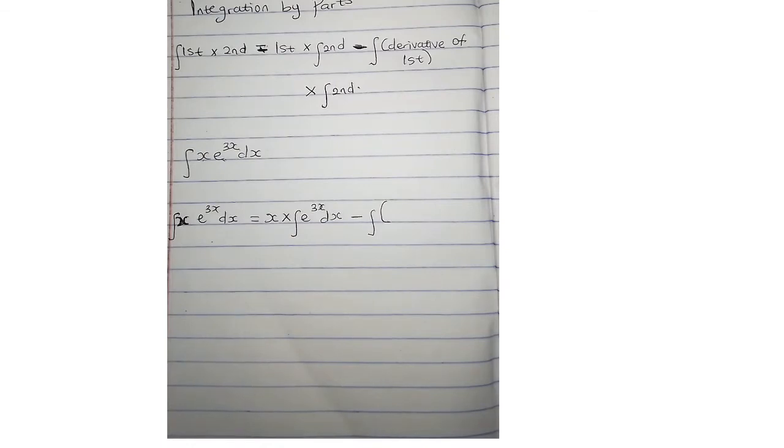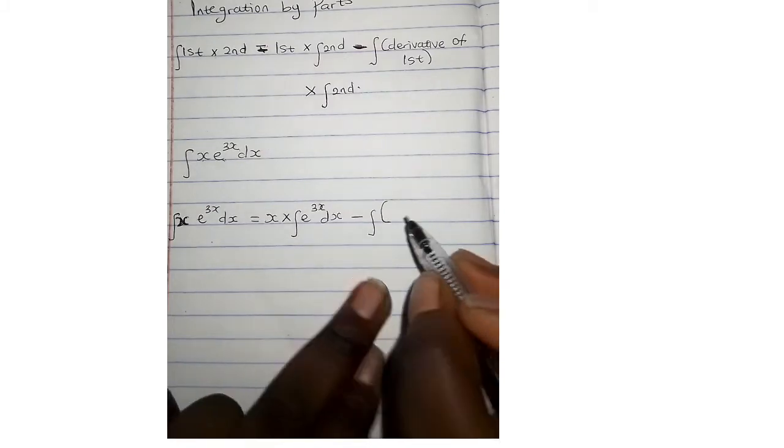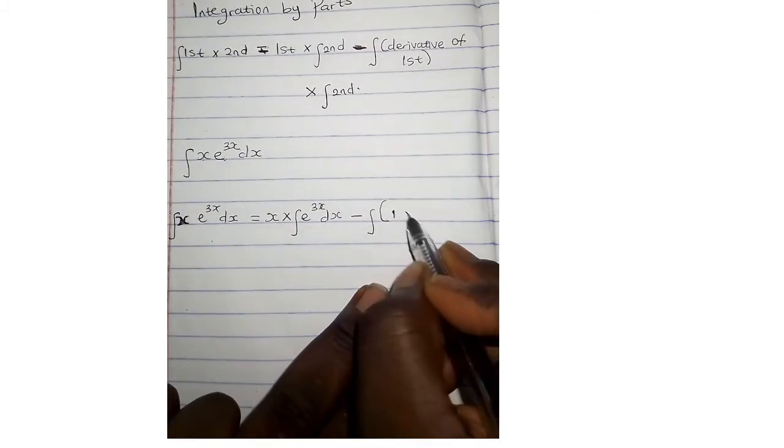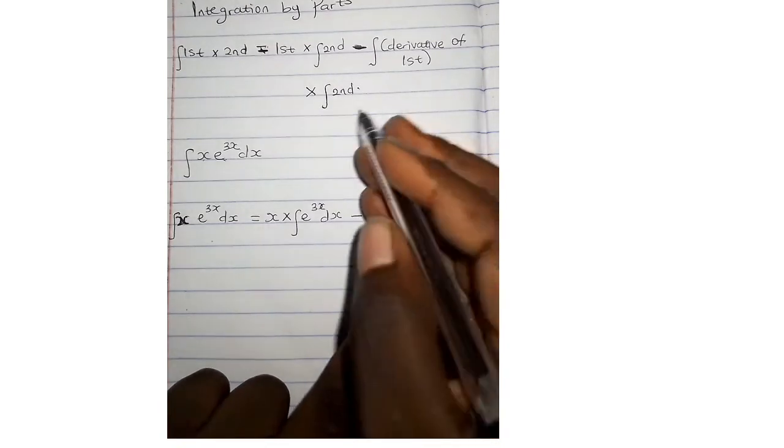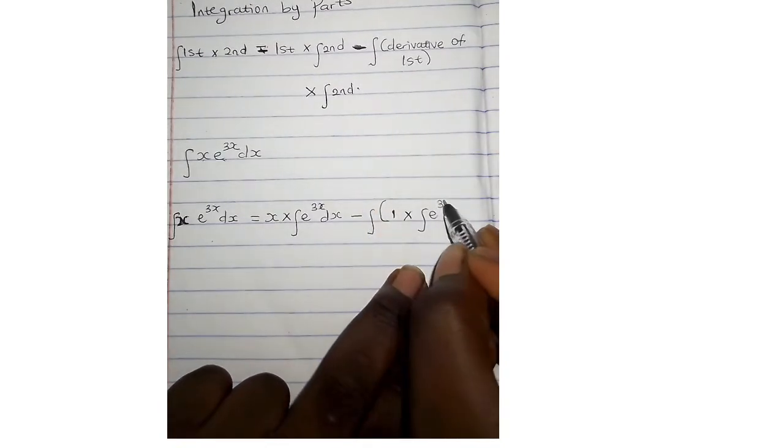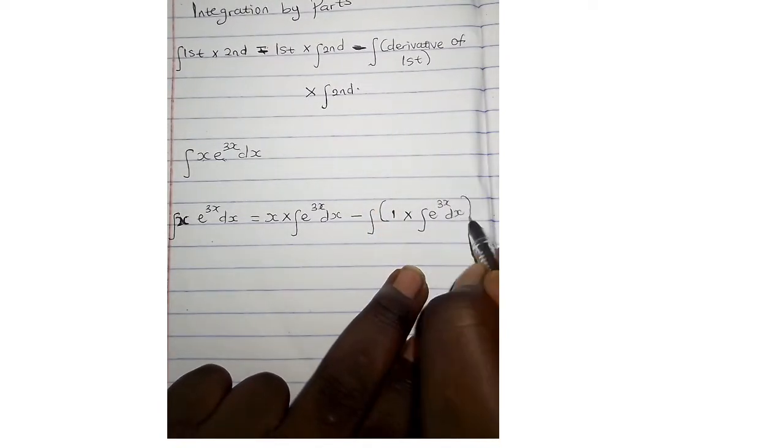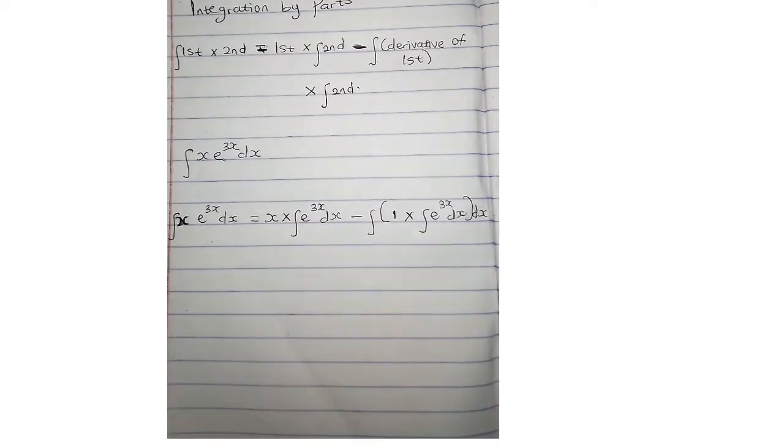Derivative of the first simply means differentiating the first function, and when we differentiate x we have 1, times the integral of the second, exponential 3x dx, all into dx.